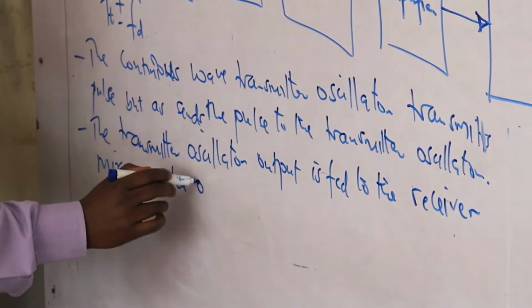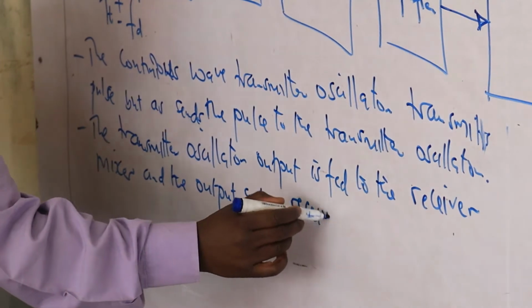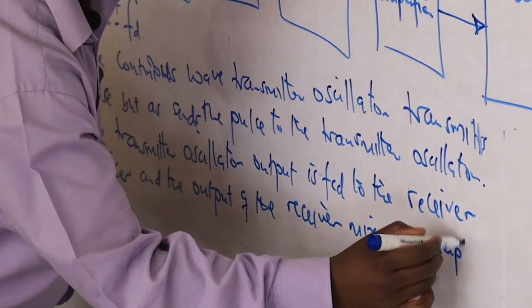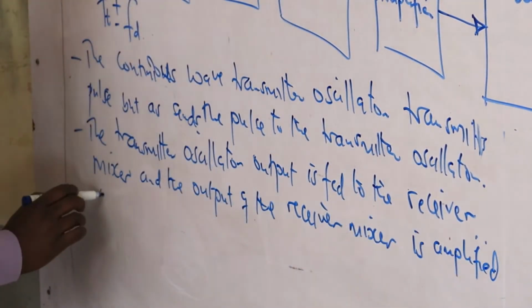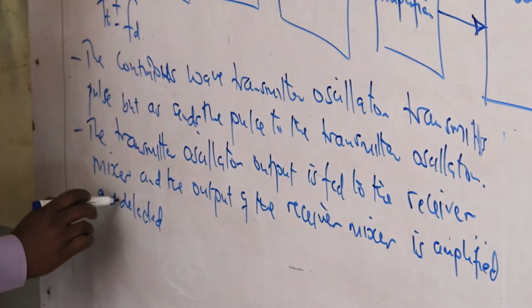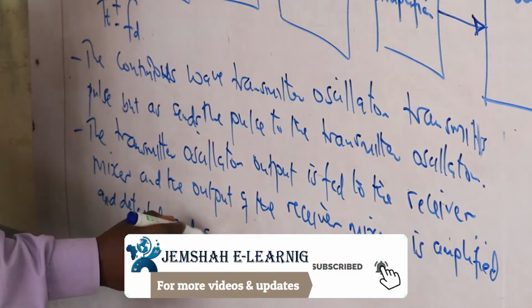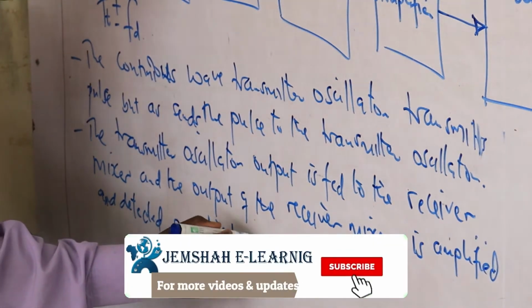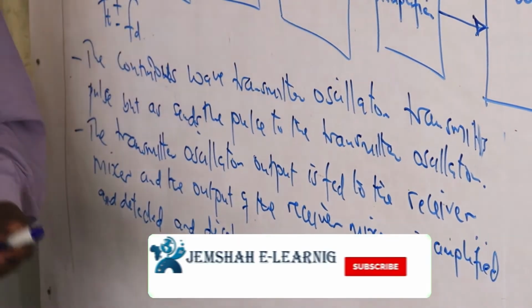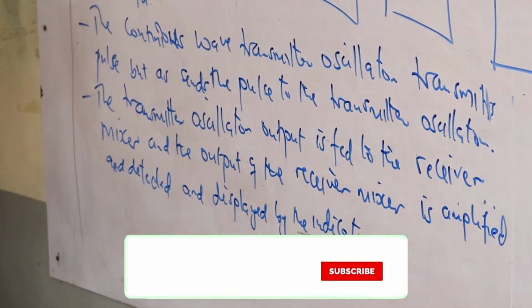And the output of the receiver mixer is amplified and detected and displayed by the indicator. So this is basically what we need to know.